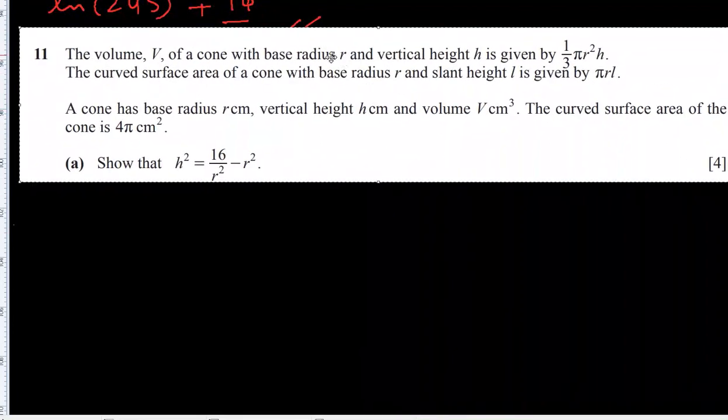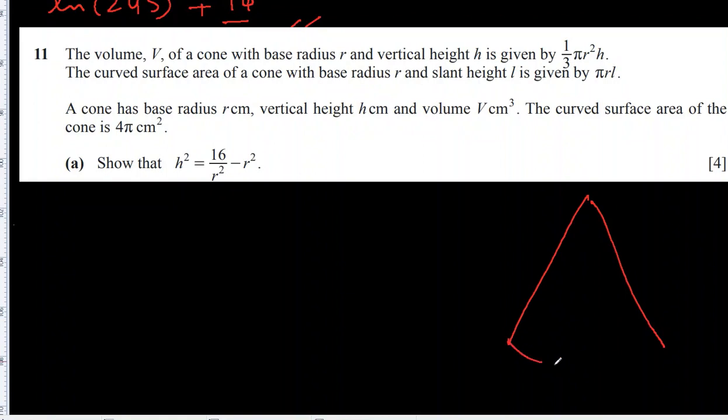Okay, let's see what is the next one. Question number 11. The volume V of a cone with the base radius of R. Okay, so let's draw a cone, and the base radius is R. Okay, and the vertical height is h, is given by this. All right, V equal to 1 over 3 pi R square h.